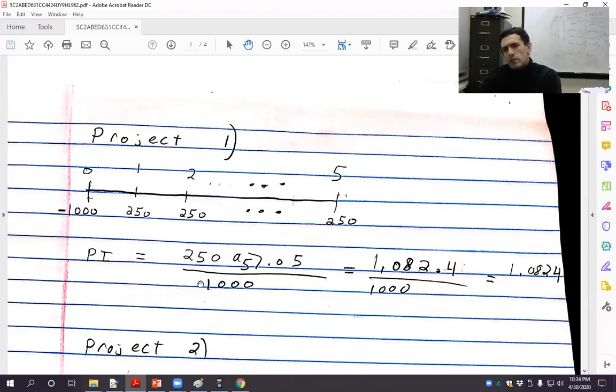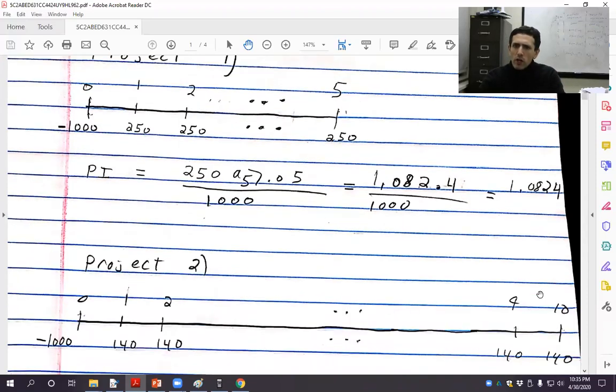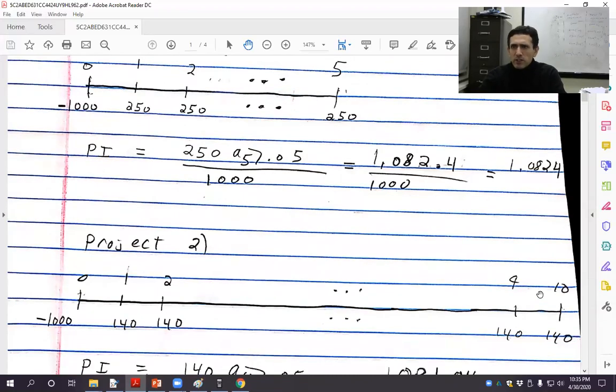And then the present value of expenses is just their initial investment of 1,000. So it's 1.0824.